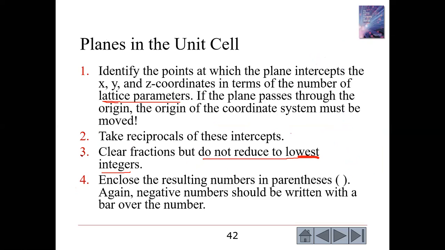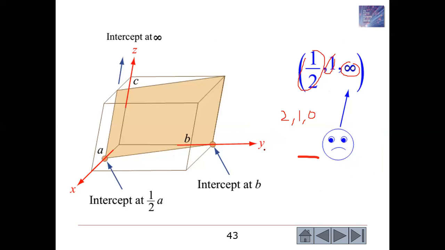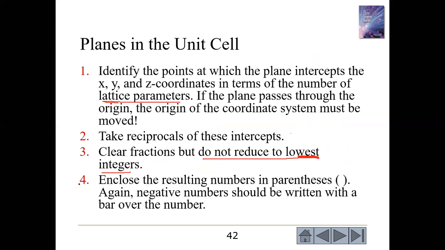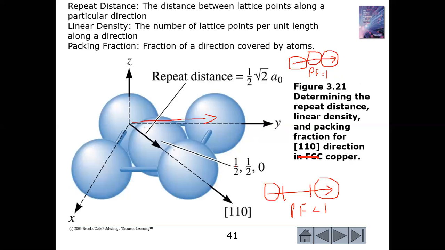Okay, now the third step is clear fractions, but do not reduce to lowest integers. So there are no fractions, right? So it's clear. Now the last step is enclose the resulting numbers in parentheses. There is no negative number, so we do not need this at this point in time.